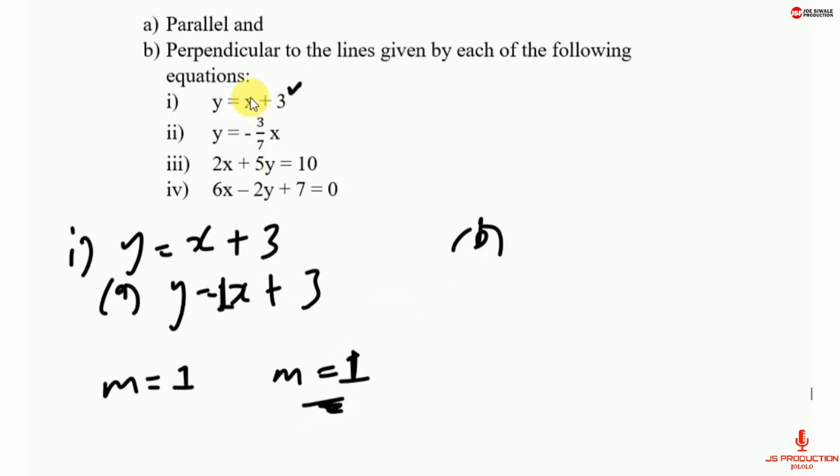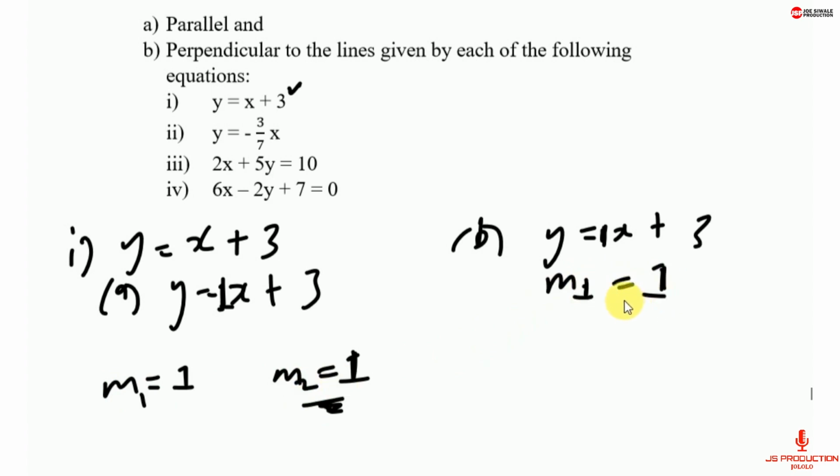What about a perpendicular line? For y is equal to x plus 3, the gradient is 1, so we can represent this as m1 and m2 to differentiate them. Our m1 is equal to 1.